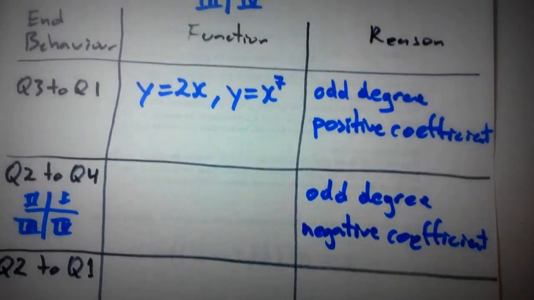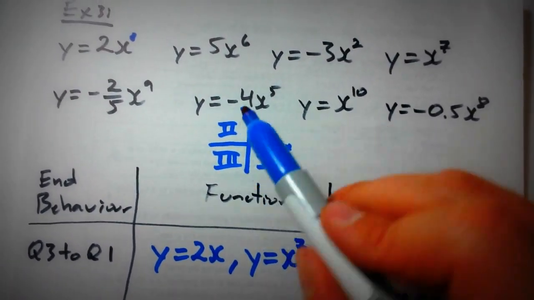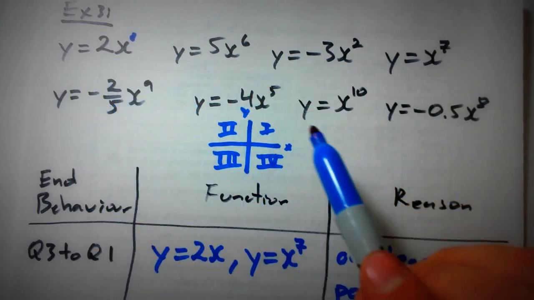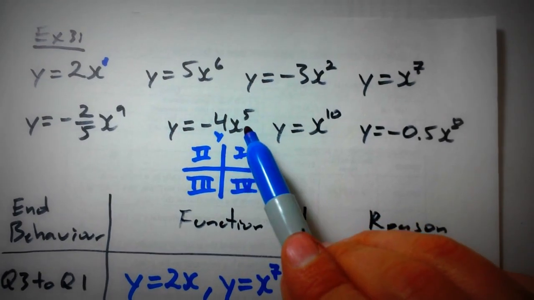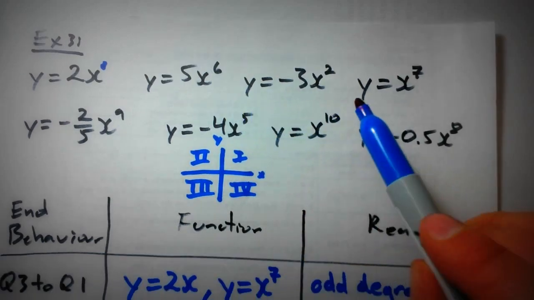Well, you look up here at the examples that we have, and so far I would say that odd degree, negative coefficient, this is one example. Here's another example: odd degree, negative coefficient, and that seems to be it.